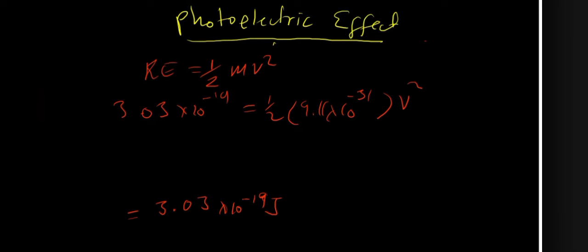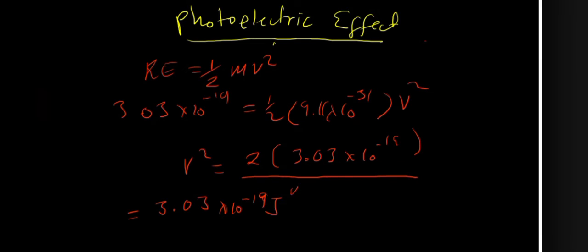So we want to determine the velocity. That is going to give us v squared equal to, we multiply this 2 by that, so that will be 2 times 3.03 times 10 to the power negative 19, and then divide that by 9.11 times 10 to the power negative 31, like that. So let's determine now. We just punch that on our calculators.